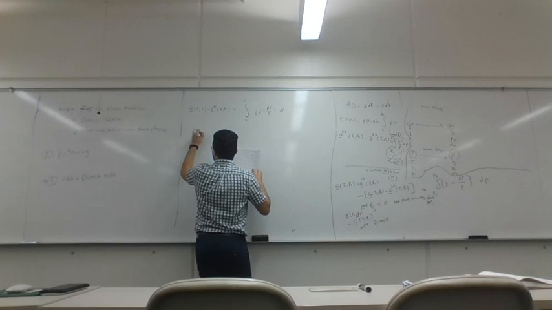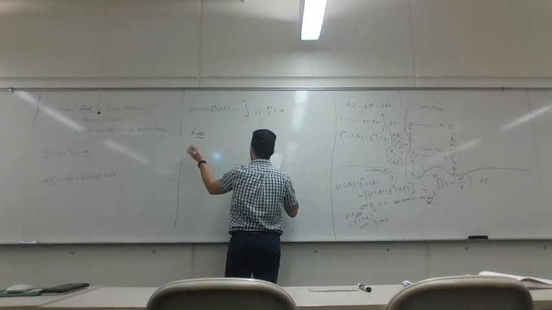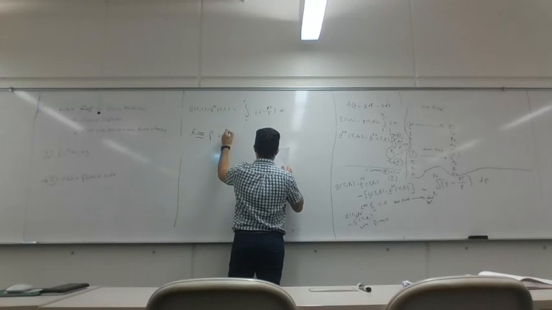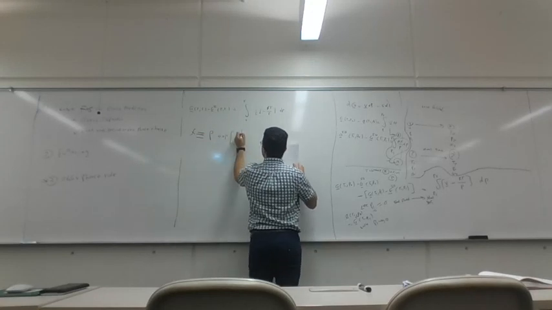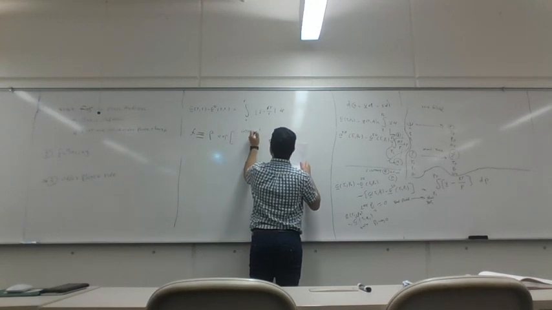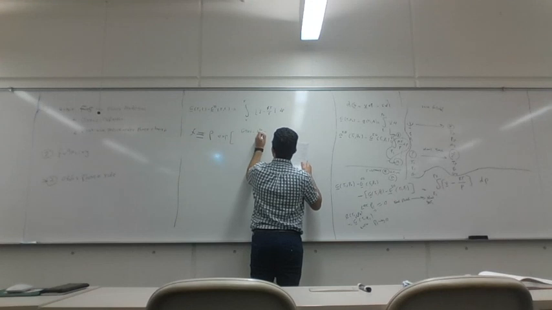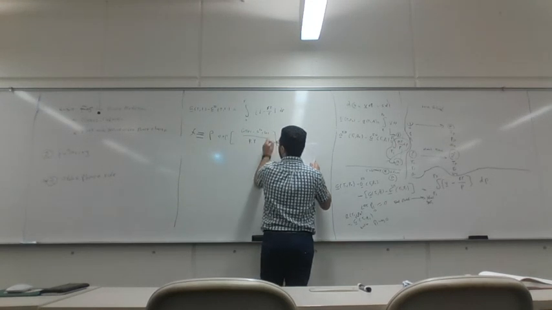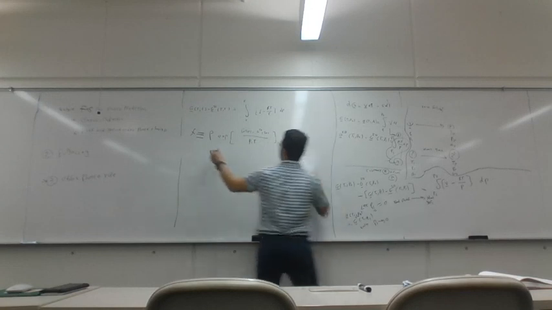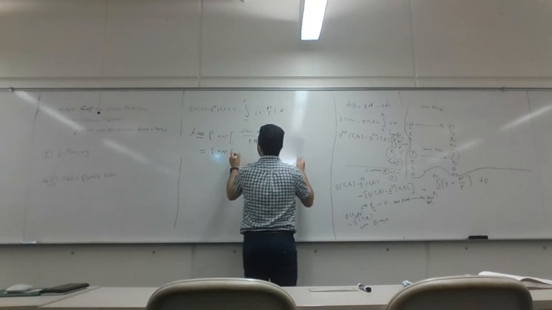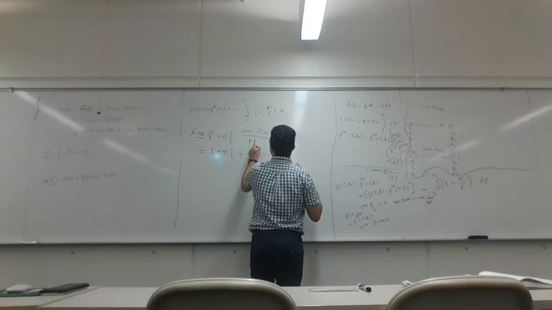So fugacity is defined, we are defining it, as the exponential of G minus G ideal gas over RT, and I can rewrite it as equal to P exponential of the integral of V over RT minus 1 over P dP.